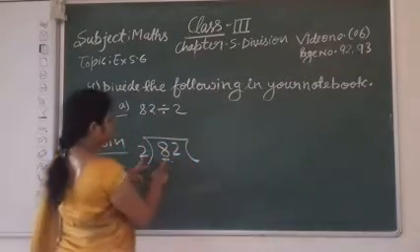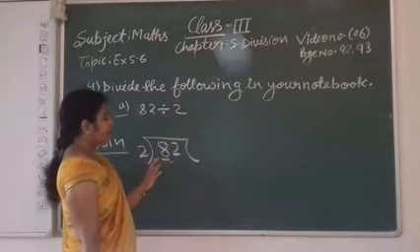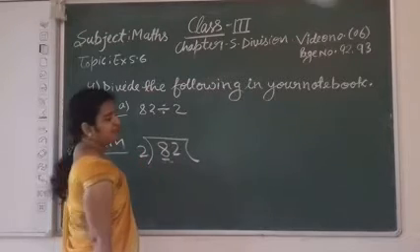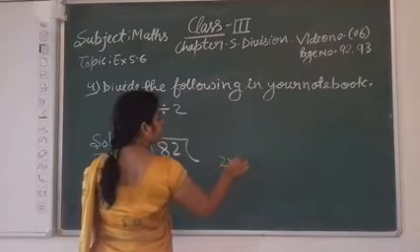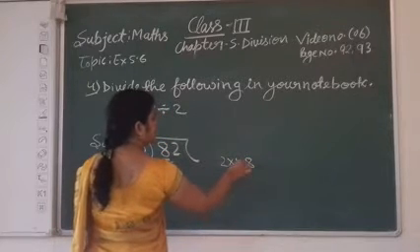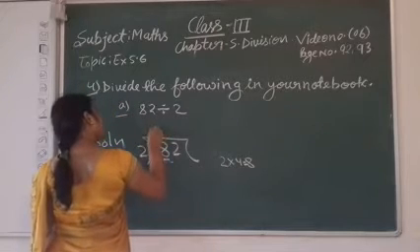How many times does 2 go into 8? We will read the table of 2. We know that 2 4s are 8. That is, we will write 4.